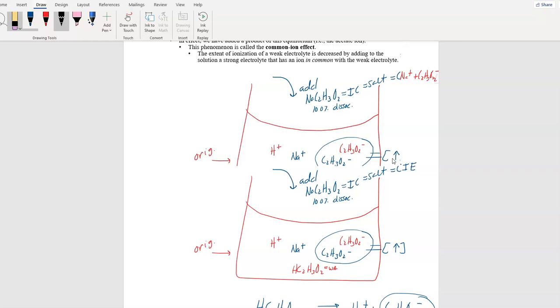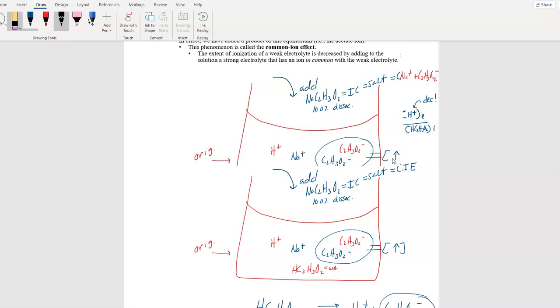This causes a reduction of H+, and it's going to decrease the percent ionization of this acid. Remember, with percent ionization, you're taking that H+ at equilibrium, but we just said it's decreasing. If it's decreasing over that original acid, that percent is going to get less and less.